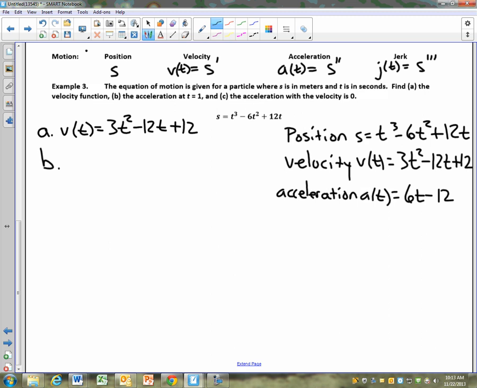Now we'll do part B. The acceleration at time 1. How do we do that? Plug in 1. And I get acceleration at time 1 is equal to 6 times 1 minus 12.